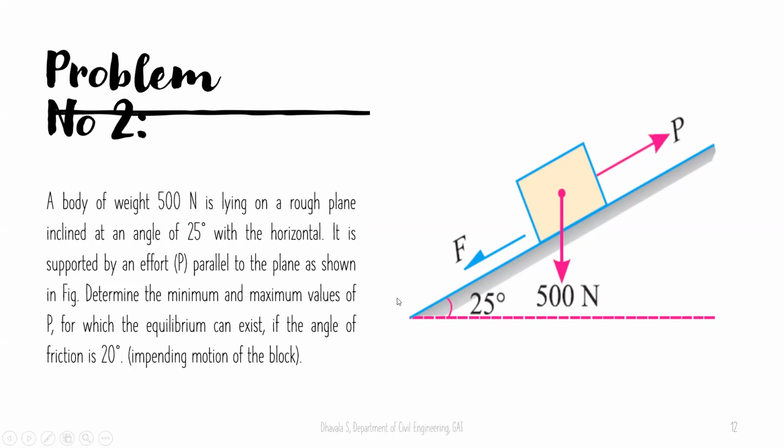Next comes the maximum value of P. Maximum value of P is the value beyond which the block will start moving in the opposite direction. So remember very carefully, minimum is the value for which the block will not move downwards. Maximum is the value because of which the block will start moving upwards. These two forces are to be found out in the given problem.